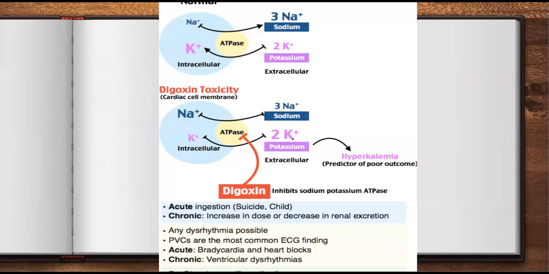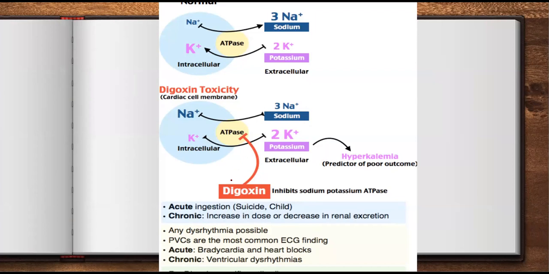If you look at this picture, see, this is the sodium potassium pump. In a normal patient, this pump causes the exchange of sodium and potassium between inside and outside the cell. From the extracellular space, potassium goes in and sodium goes out. That is the normal thing to happen.